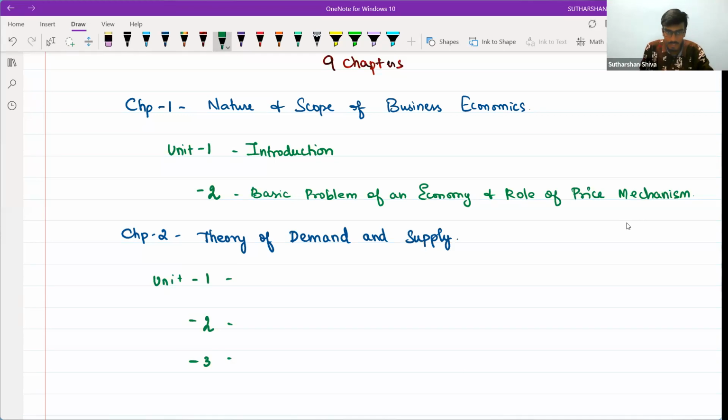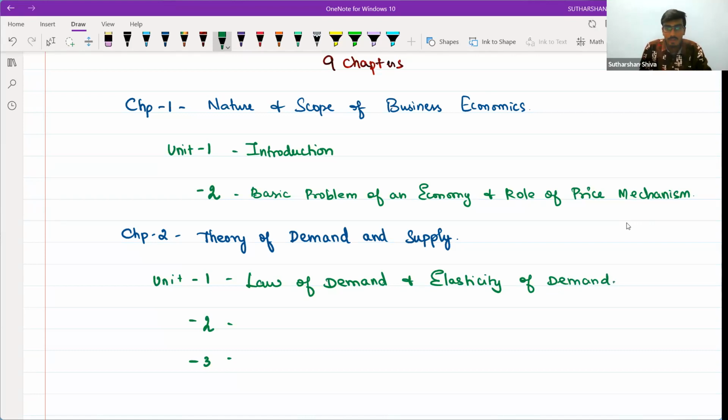Unit 1 is about law of demand and elasticity of demand, like unitary elastic. Like this, you are going to learn it in law of demand.